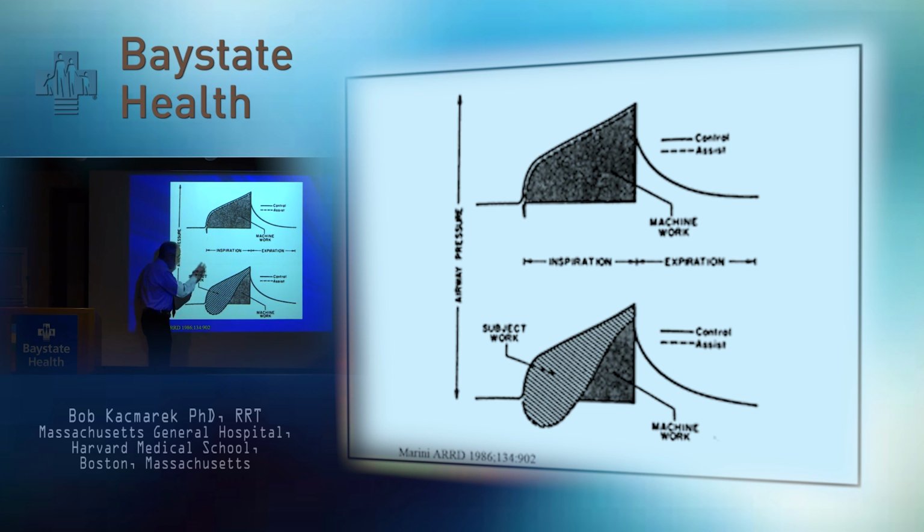So in this study, this was the work that patients were doing. This was the work that the mechanical ventilator was providing. Obviously not, in my mind, the ideal way to mechanically ventilate patients. We should be unloading the patient every breath, and we should do whatever we can to avoid this type of circumstance.